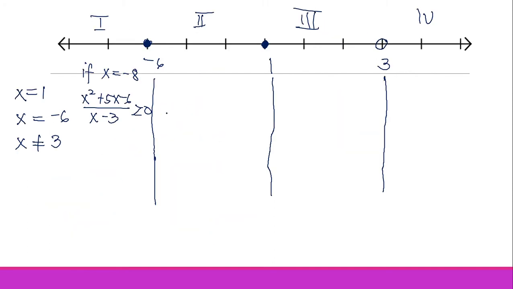Okay, perfect. Next, we move on to plugging in, so we have -8 squared plus 5 times -8 minus 6 over -8 minus 3. Will that be greater than or equal to 0?